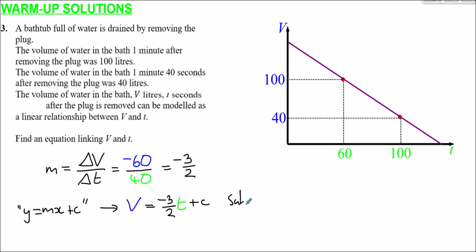I'm going to choose here to substitute in 60 and 100. When the time's 60, we know the volume of water was 100 litres. So 100 equals minus 3 over 2 multiplied by 60 plus c.